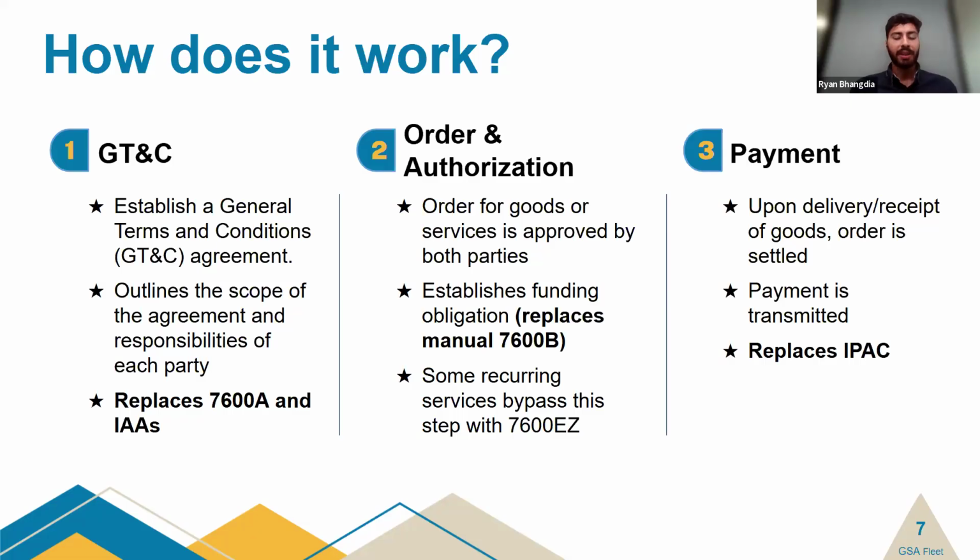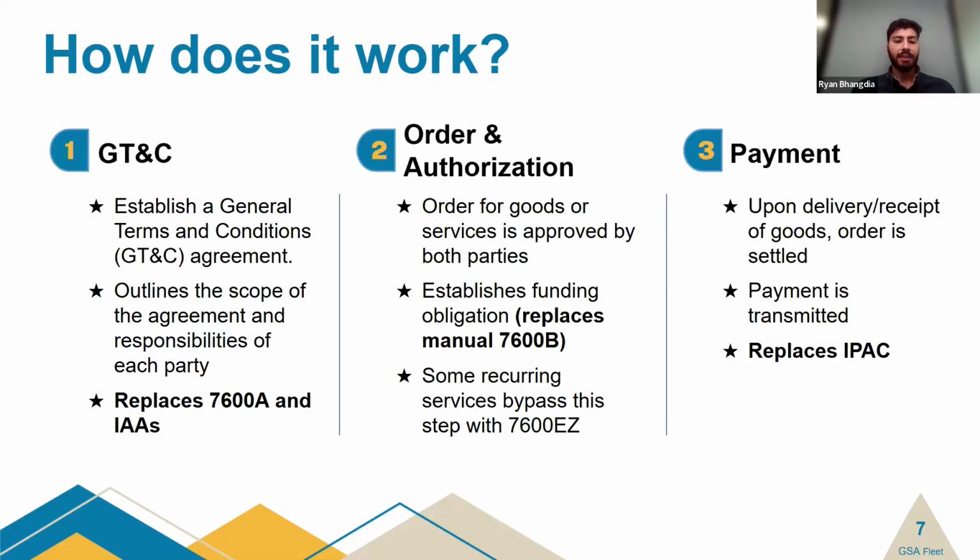The next step is order and authorization. And so we'll talk about this a little bit more in detail further on, but GSA Fleet is going to utilize two different processes for our different business lines.